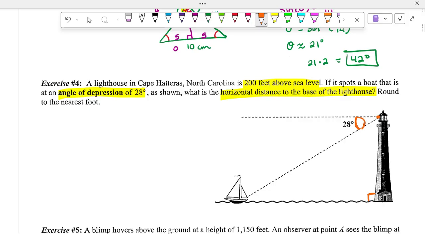If you drew an eyeball, and that's a terrible eyeball, but you know what I mean, it's where the eye would be looking down. If I drew the eye right here, it would be looking at the water, not the sailboat. That's how you can know if you drew the angle correctly.